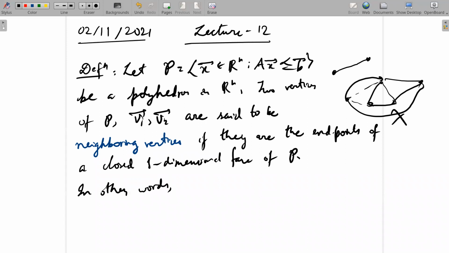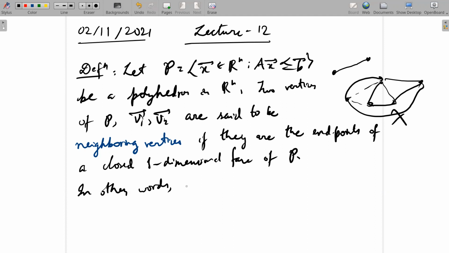Using that description, each of V1 and V2 has such a description. You have n linearly independent constraints where V1 is tight, and n linearly independent constraints where V2 is tight. In essence, V1 and V2 are neighboring if the intersection between those n constraints for V1 and n constraints for V2 is a set of size n minus 1. So n minus 1 of those constraints are common to both V1 and V2.